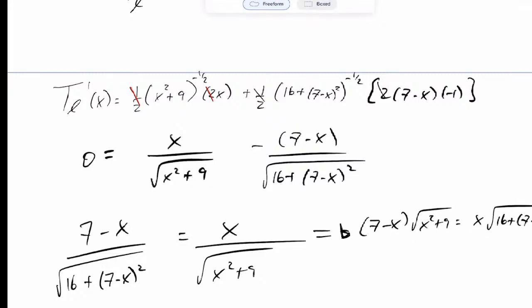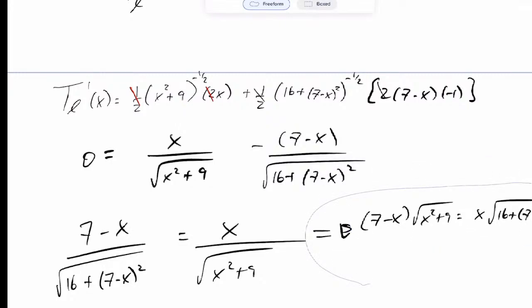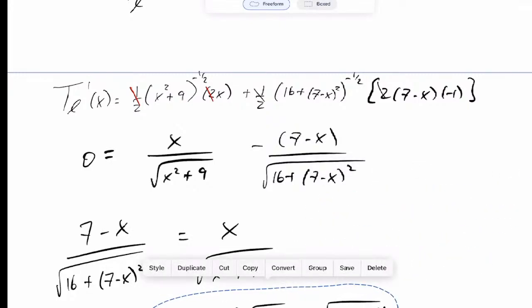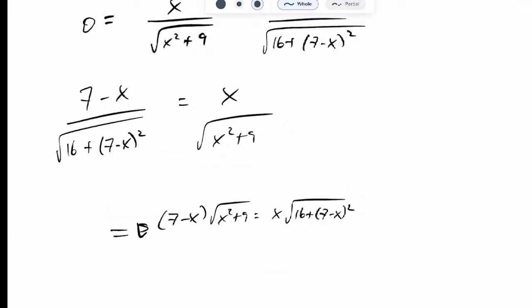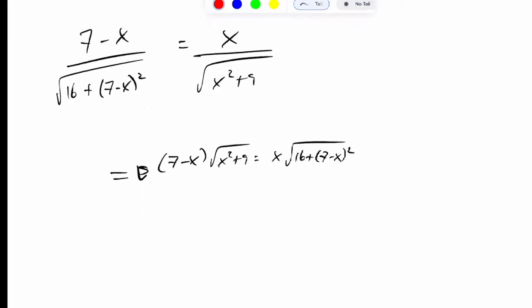All right, sorry, a little computational. Let's see, here we go. So I just killed the fractions, multiply across, and then you're solving this.